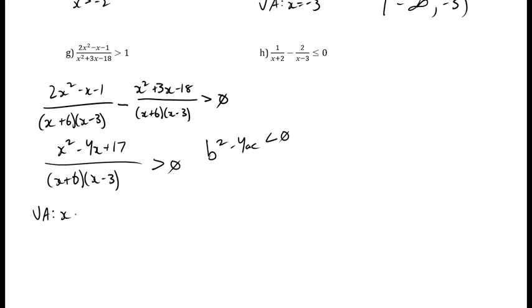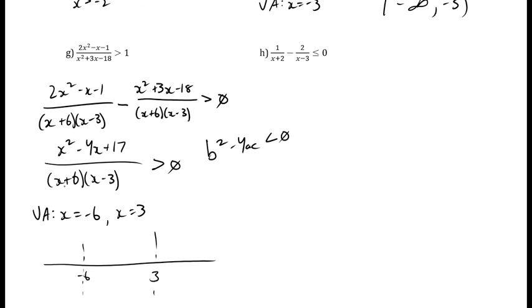And then I have two vertical asymptotes, one at -6, one at 3. So -6 and 3. And when I do the check for this, let's take -10 for example. -10 squared is positive, and then times a negative is positive, and a positive, so the top is positive.